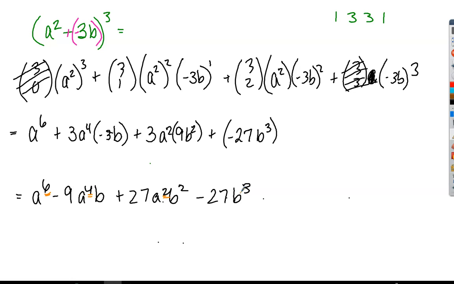But sometimes we don't want the full expansion. We just want a particular term in the expansion. So let's look at what that would be like. So I'm going to make the powers much higher because we only want a specific term. Okay, so let's do 3m minus 2p to the 8th.